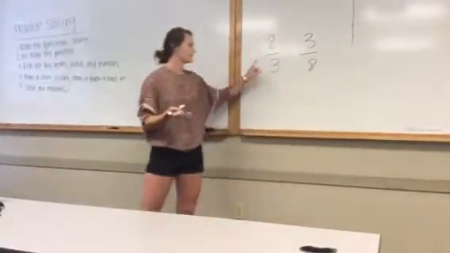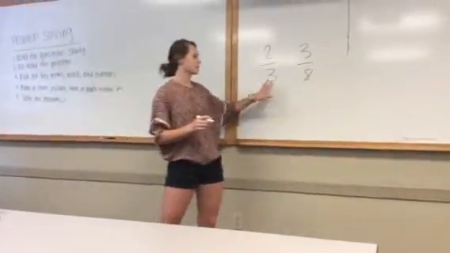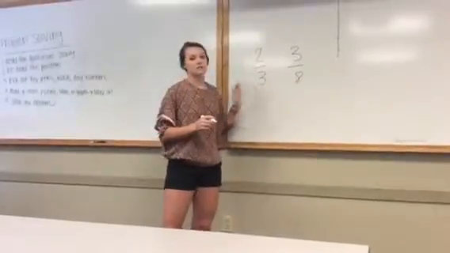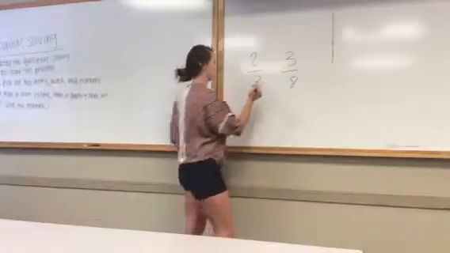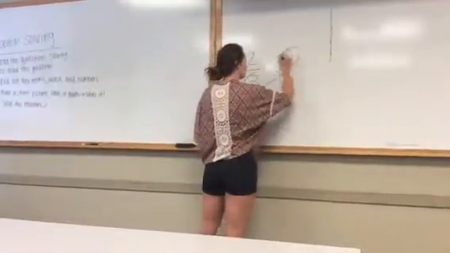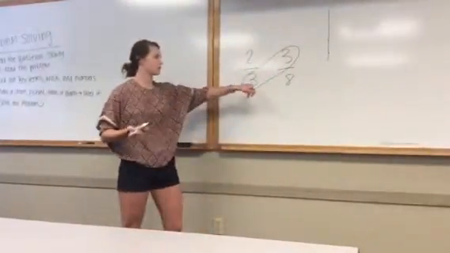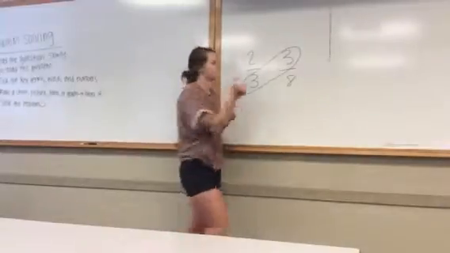Now, who can tell me the first step in finding which fraction is bigger or which fraction is smaller? Remember, we're using the butterfly method, so we're going to multiply these two numbers. So 3 times 3 is what? 9.